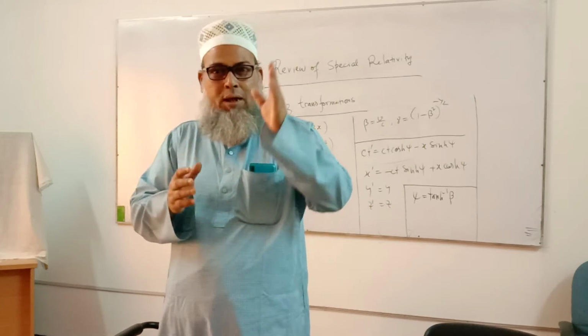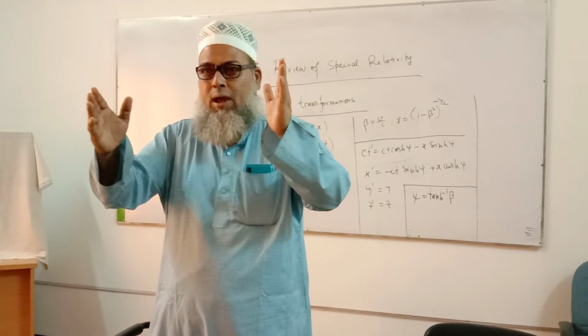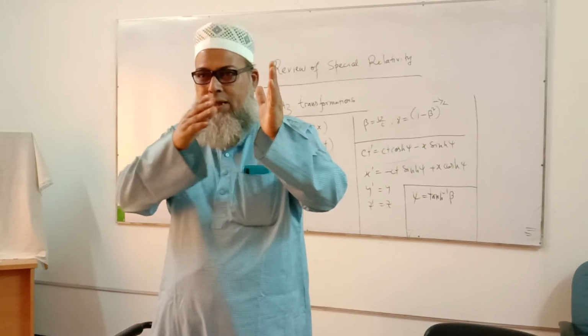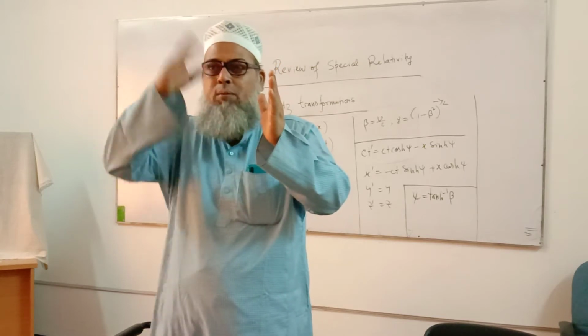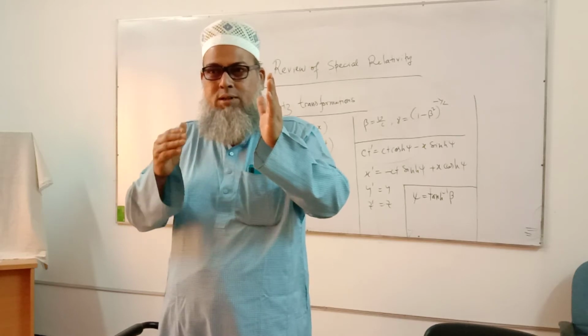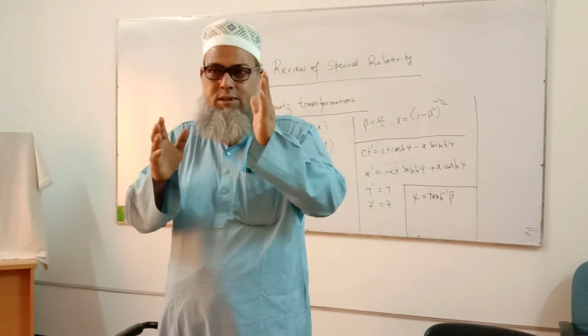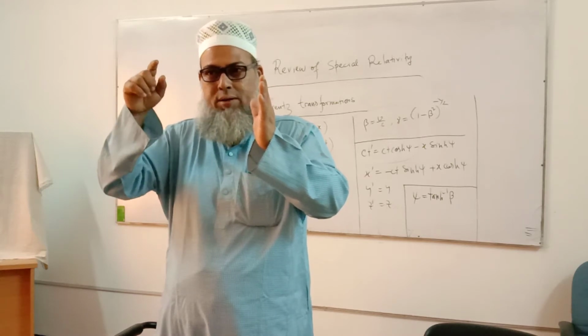That means one frame is here, and the other frame is moving along one axis. Here we call it the x-axis. It may be the y-axis, it may be the z-axis. In other words, it has to be one axis, not a vector r.